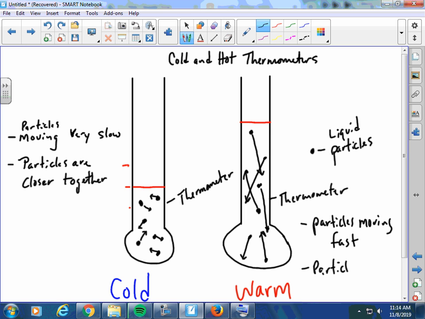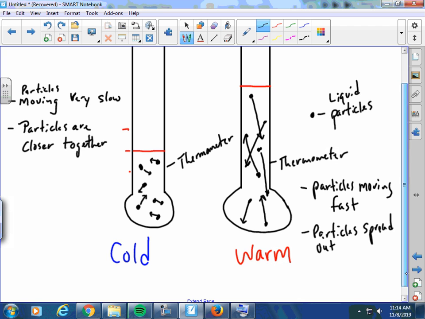Okay, so if the particles are spread out, this is the main idea here. If the particles are spread out, then that means the liquid does what? Expands, that's right.